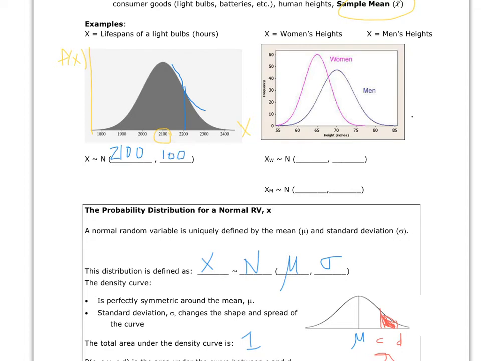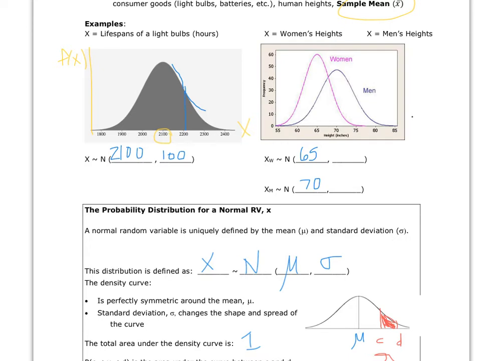Okay. We look at women's heights and men's heights. Women's heights, the mean there is 65, it looks like. For men's height, it looks like the mean height is 70. So again, if we try to eyeball the standard deviation, we want to look at where the graph is changing from curving down to curving up.